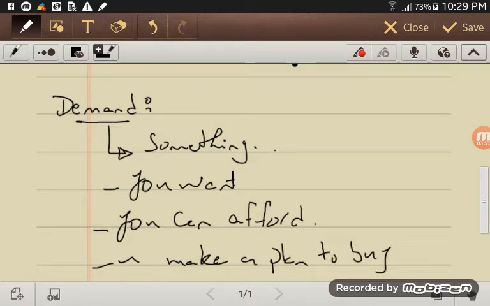So say for example, I would like to eat, so I'm going to buy a sandwich. This is something I want. Do I have enough money to buy this sandwich? Yes, so it can be afforded. And finally, I'm going to go to the shop or the market in order to buy the sandwich. So this is make a plan to buy. Three conditions together is demand.